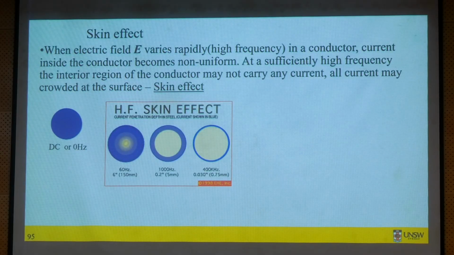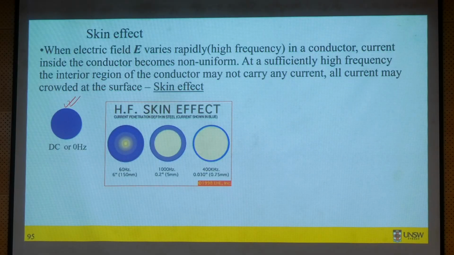And the last one is the skin effect. Again, most of you know about skin effect. If we have high frequency, the current density in your conductor becomes non-uniform. If you have DC, theoretically current should distribute in a circular conductor completely uniformly, right?